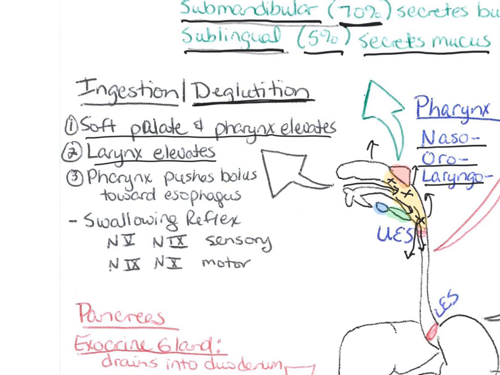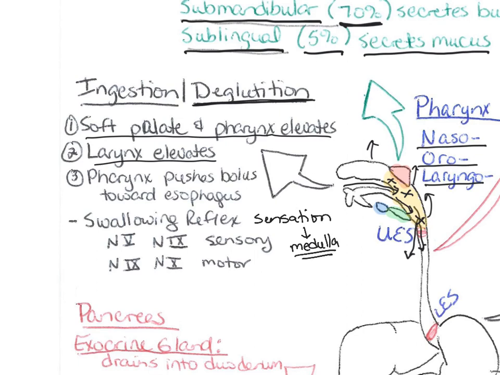There is a swallowing reflex. The swallowing reflex is when the bolus of food touches the palate and the uvula. The uvula is the little flap that hangs down at the back of the soft palate. So as soon as the bolus of food touches that palate and the uvula, that information is relayed to the swallowing center in the medulla. So the sensation sends a message to the medulla.